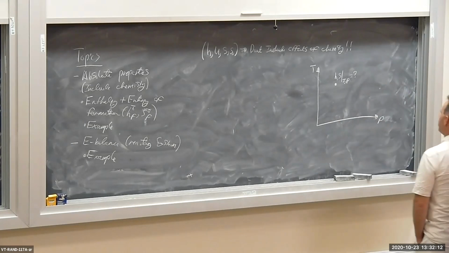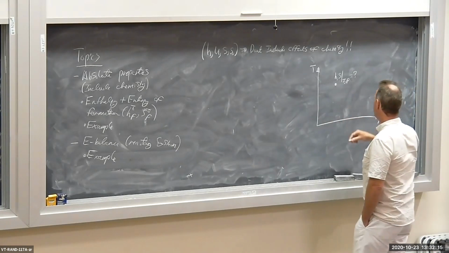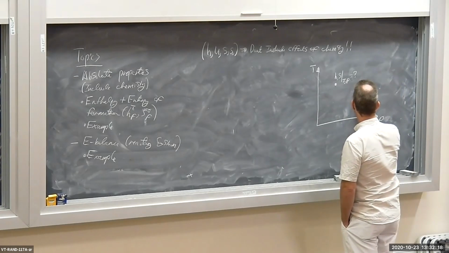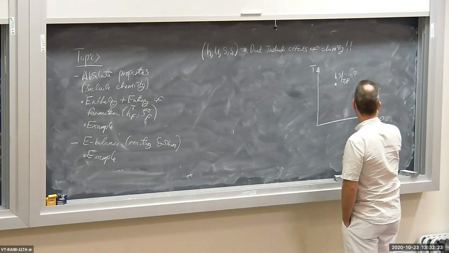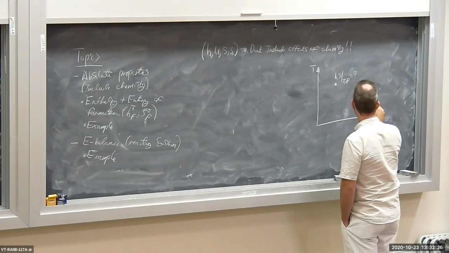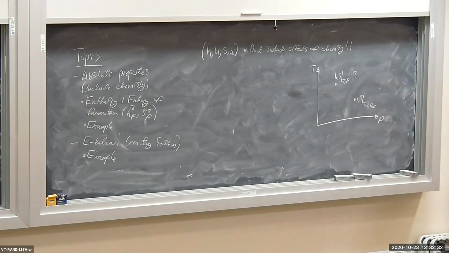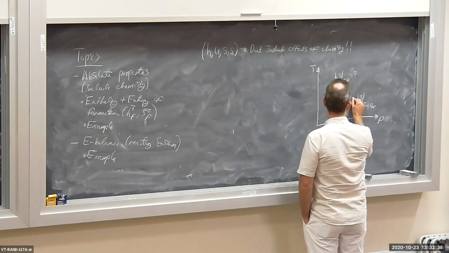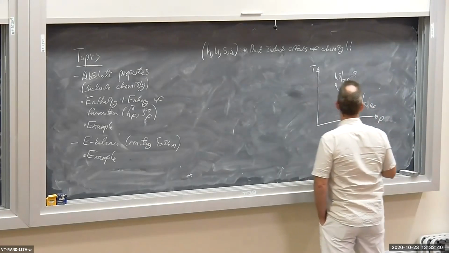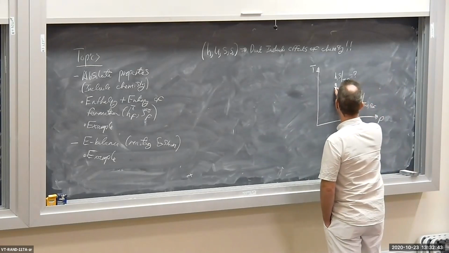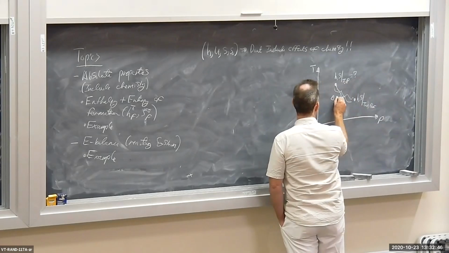Well, one way to find out what a property is at this state is to know what it is at some reference state. So let's see, I have h and s evaluated at some reference temperature and pressure. So if I know this, h and s at some reference temperature and pressure, I could find, let's say, so this is delta h as I go from T and P to T ref and P ref.